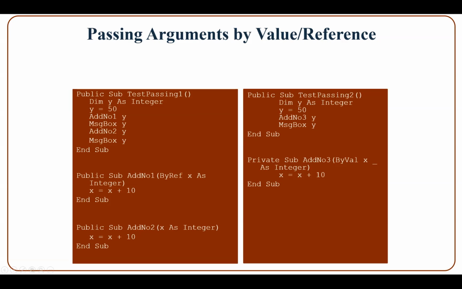Now look at the sub-procedure, namely TestPassing1. Within this sub-procedure, you declare y as integer, and then you store 50 to y, and then you call AddNum1 and pass y to it.